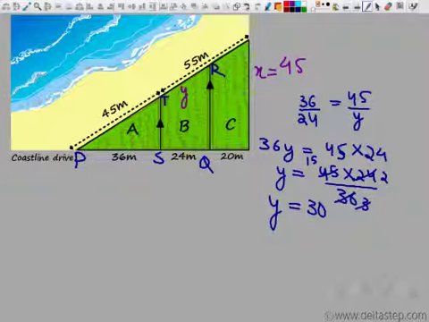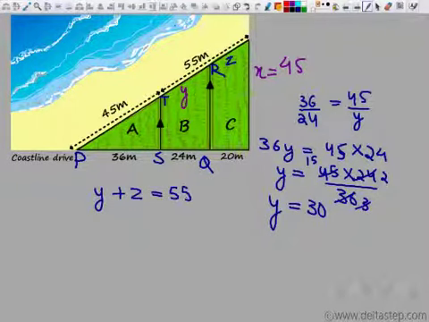So now my y comes out to be 30, and if this is z, which is the ocean frontage of C, then I know that y plus z should be equal to 55. I know y is 30.